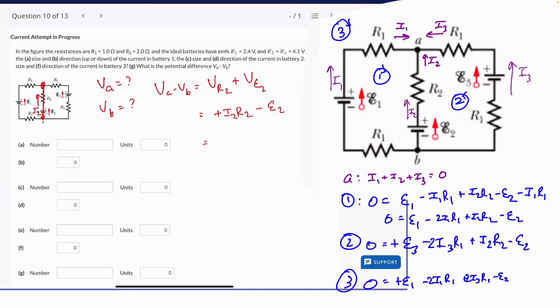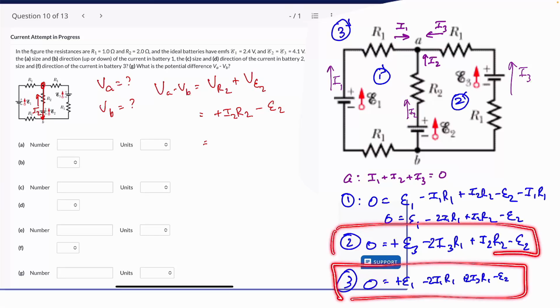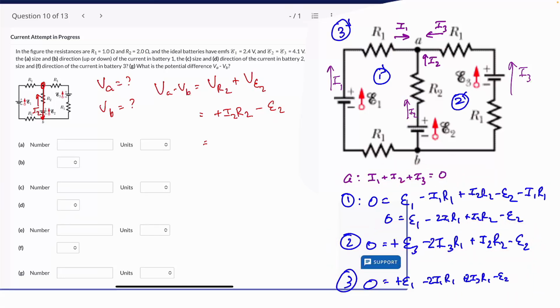So I quickly did it, I think I got it right, but this one has I1 and I3 in it. This one has I3 and I2 in it. I think if you use 3, 2, and the junction equation, that's probably the easiest system to solve. 3 and 2, 1 and 3, it actually doesn't matter.